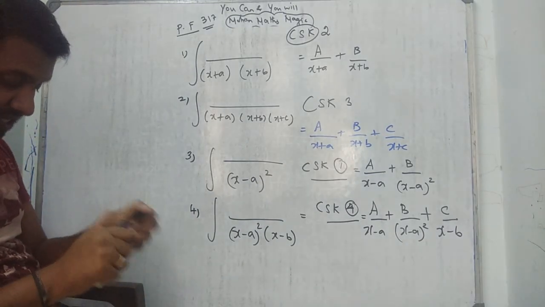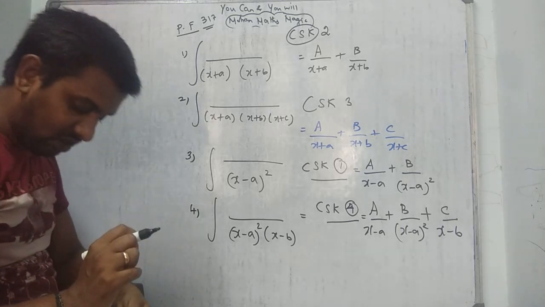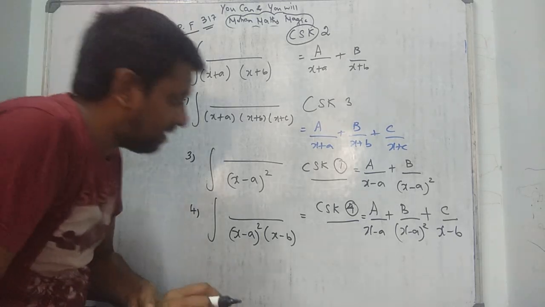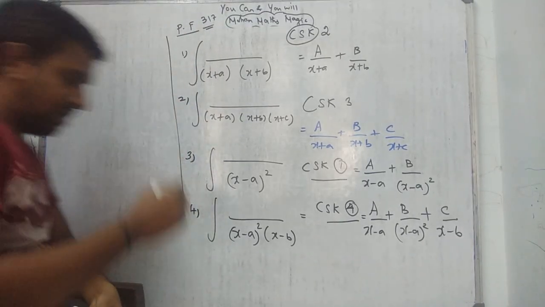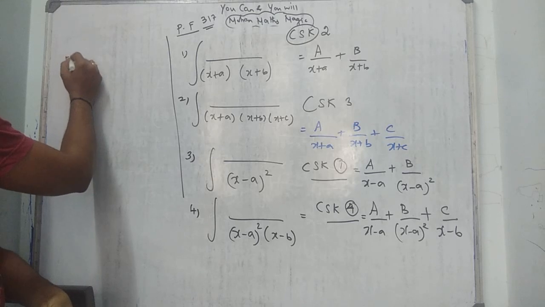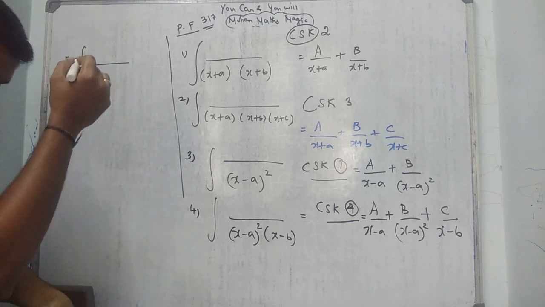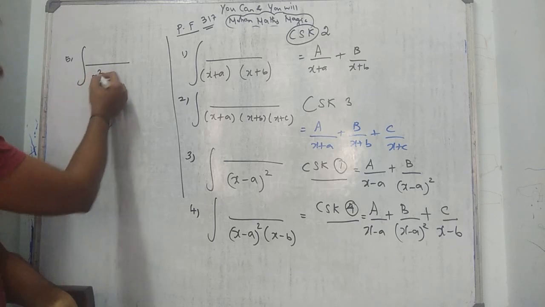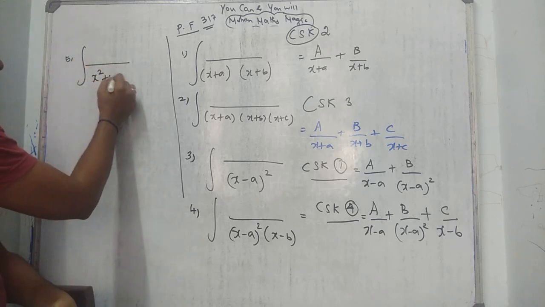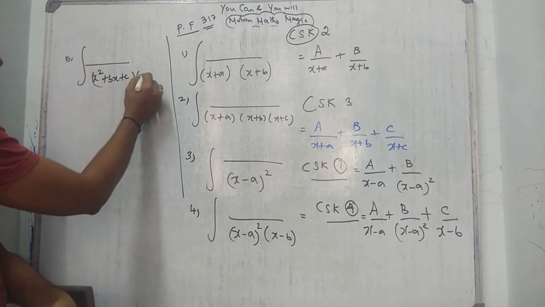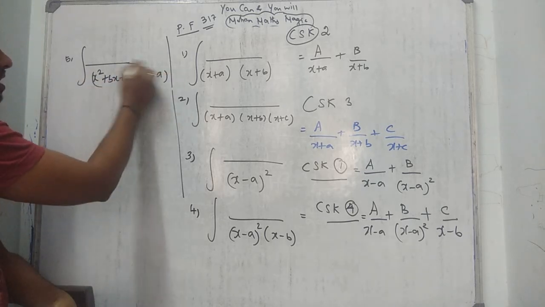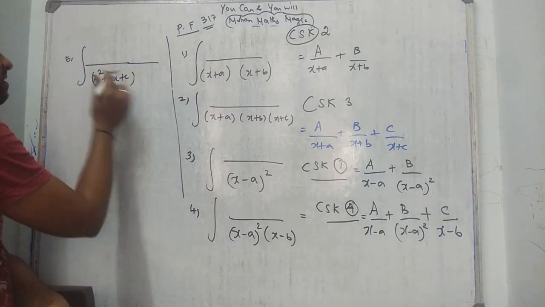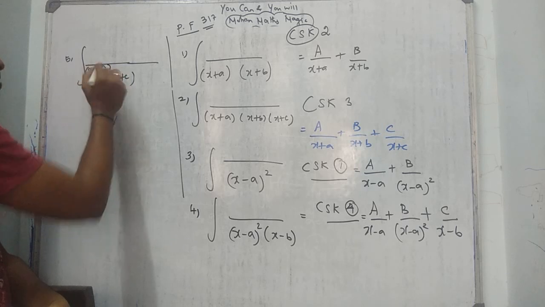And the 5th method. It's not a whole square, CSK5, where the square is inside. I'll write CSK5 separately. CSK5 is any integration where they give you, inside, x square plus bx plus c times x minus a. The single term comes, keep it separately, or they may give you a bracket in front of x minus a also, don't worry about that.